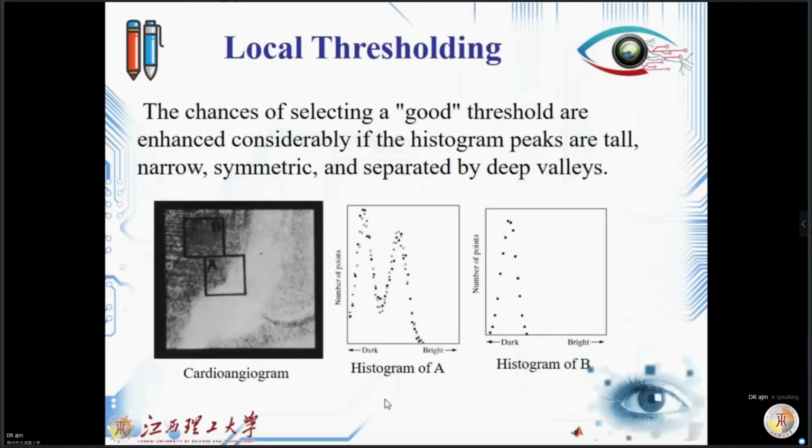Another method that we followed for thresholding was local thresholding. Two methods we reviewed.